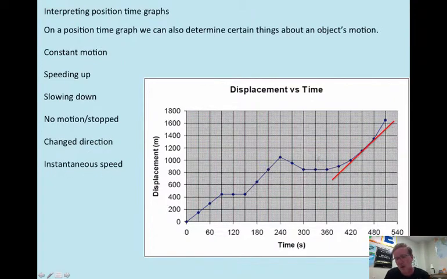We want to know how fast we're going at this spot right here. So we would draw a tangent line that just barely skims this. So I'll just write that real briefly: draw a tangent line that just touches the point.